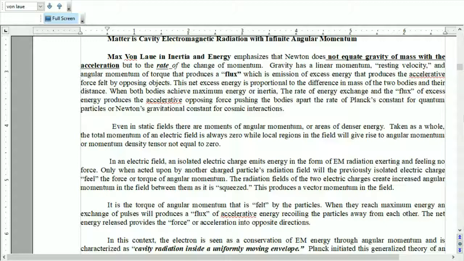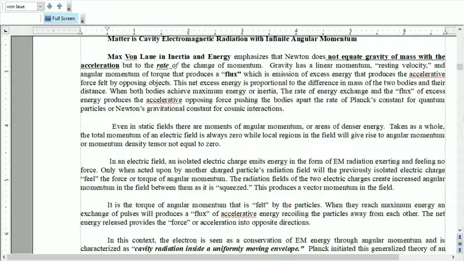This net excess energy is proportional to the difference in mass of the two bodies and their distance. When both bodies, we're talking about electrons here, achieve their net energy proportional to the difference in the mass, the two bodies and their energy produces an accelerative opposing force. It goes on to talk about how the flux is still the accelerated force, etc., etc.